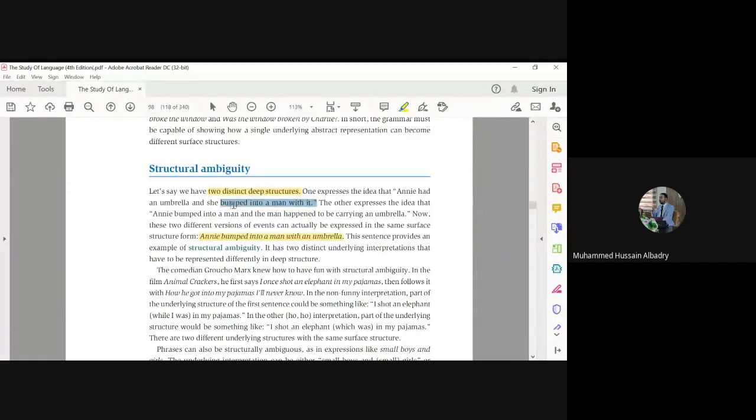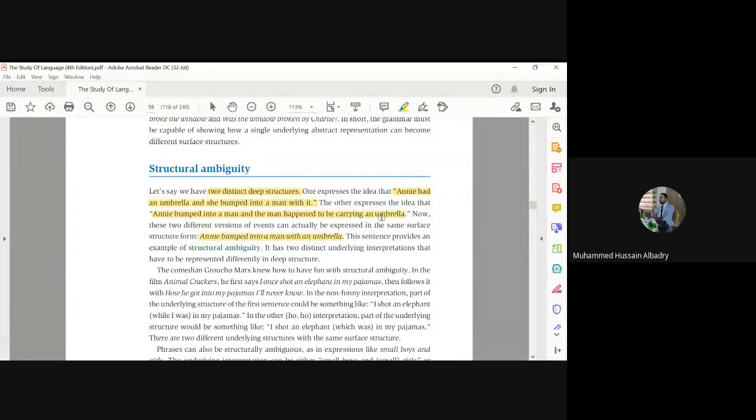This is deep structure, in your mind. The other expresses the idea that Annie bumped into a man and the man happened to be carrying an umbrella. She did not hit him with the umbrella; he is carrying an umbrella. So this is in your mind, how you can understand it.